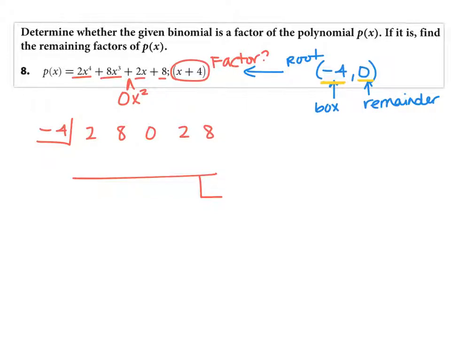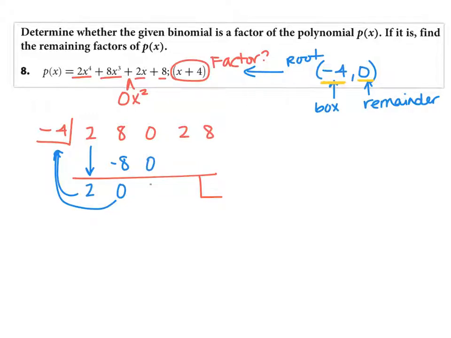So now I'm just going to go through those steps that we said for synthetic division. That is, bring the first number down. That's 2. And then multiply by the number in the box. That's going to give me -8. And then add straight down: 0. 0 times -4 is 0.